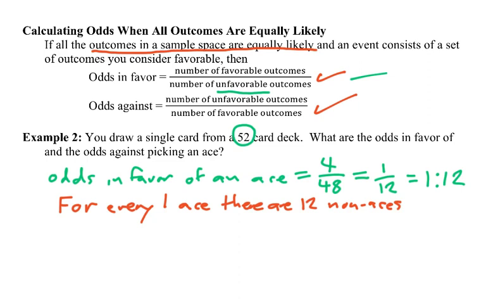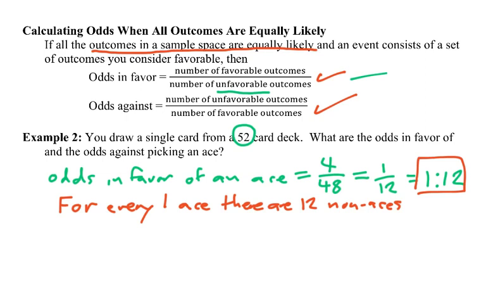That's a way you could interpret what those odds in favor mean. For every 1 ace, there's 12 non-aces. If you think about it, in each suit, there's an ace and then there's 12 other cards. Same is true for all 4 suits. For every ace in the deck, there are 12 non-aces. That's kind of what the odds are saying. Hang on to that, because I want to build on that when I talk about odds against, and then when I also kind of go backwards.